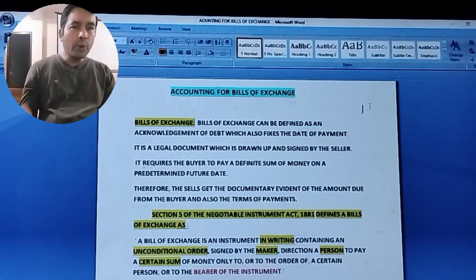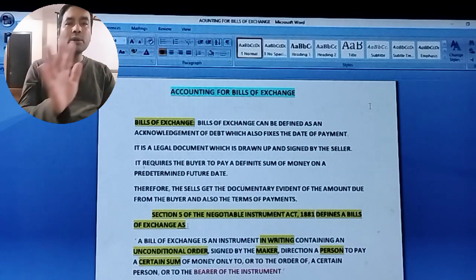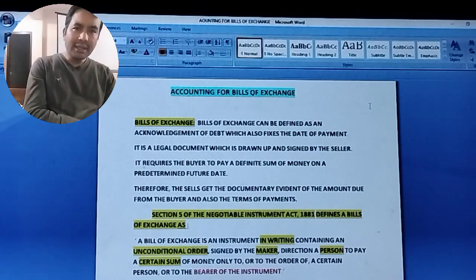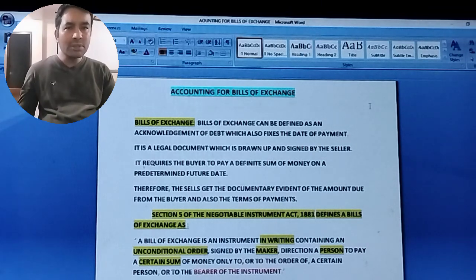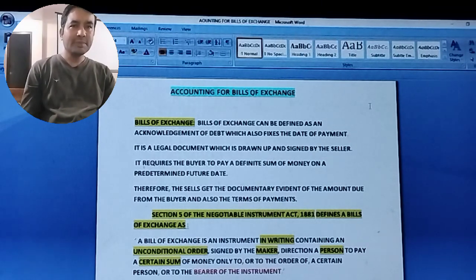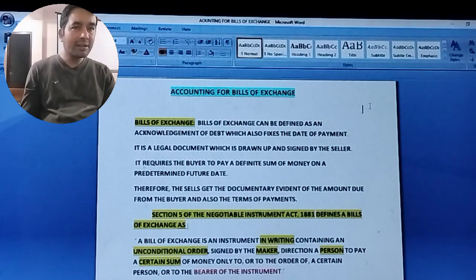That is, when the drawee, that is the buyer, accepts the bill drawn on him by the seller, he must accept it without imposing future conditions. So it must be unconditional, signed by the maker. Definitely, in order to make the bill valid, it has to be signed by the drawer or the maker or the seller.